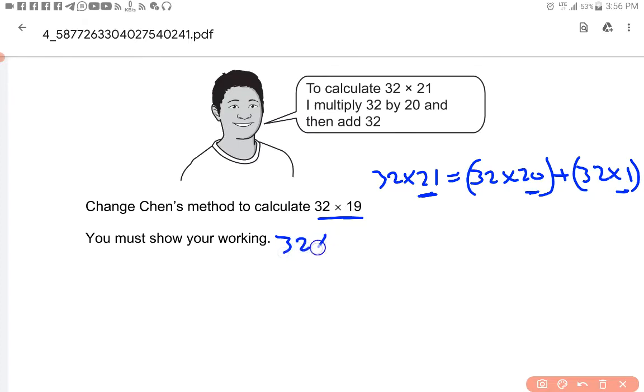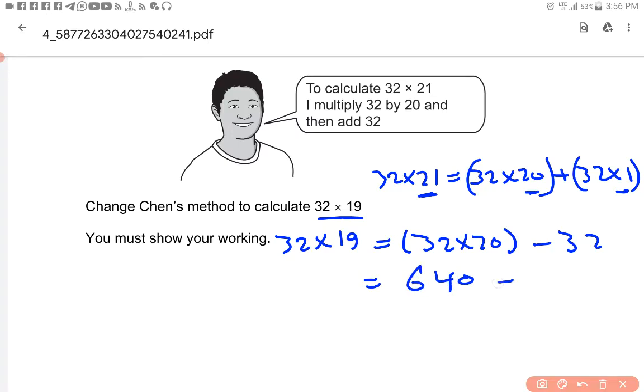So 32 times 19 equals 32 times 20 minus 32. For the answer here, put 0, 2 times 2 is 4, and 2 times 3 is 6, then minus 32, it will be 608.